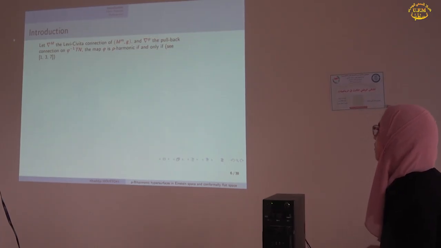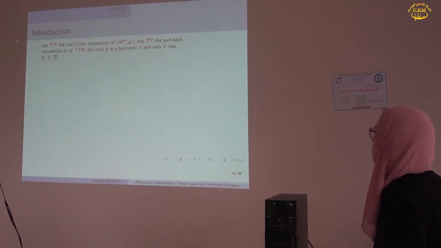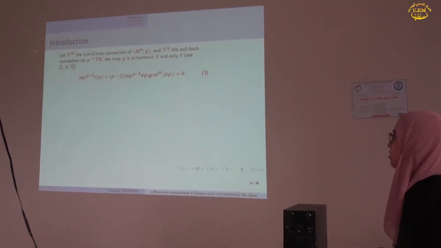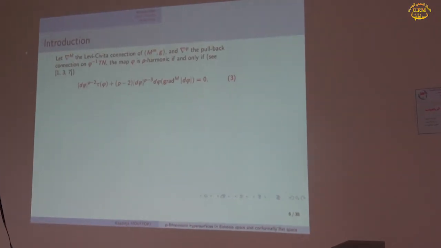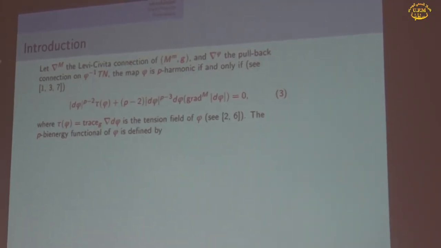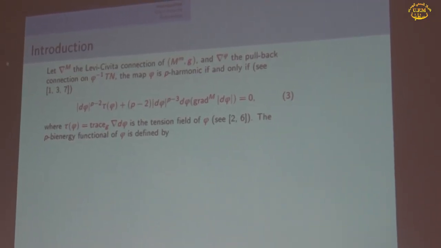The map φ is P-harmonic if and only if the P-tension equals 0, where τ is the tension field of φ.